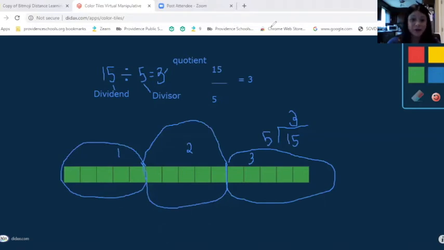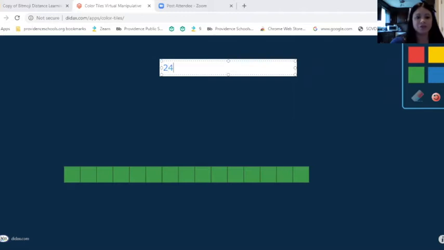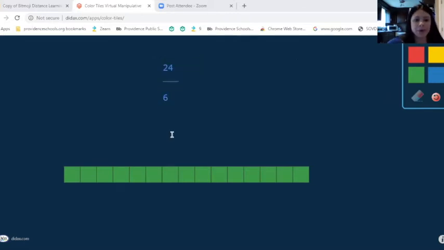Okay, boys and girls, we are going to try one more problem today. So let me clear my board. And we are going to try with a larger number now. So I am going to write down a problem, and I'm going to write 24 divided by, and remember, this is the division problem written as a fraction.